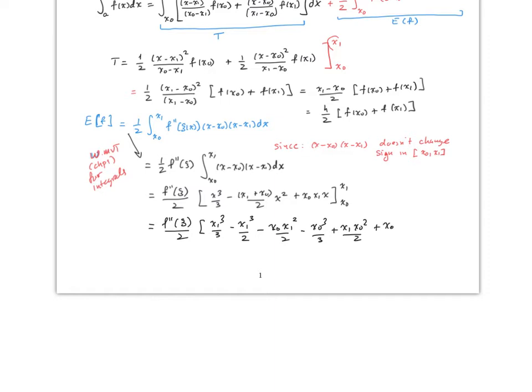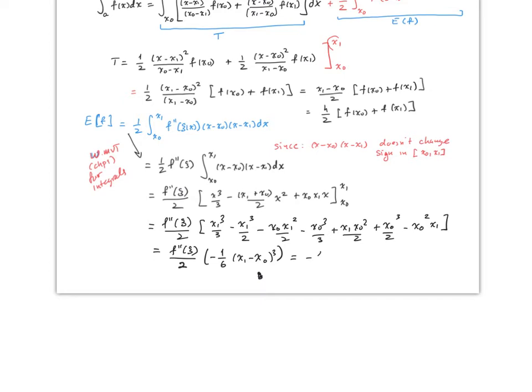So this is some very tedious algebra, but that's the only way to check that we'll get what we're going to get. So once you simplify all of this, you will end up with the second derivative at c divided by 2 times negative 1/6, which is the LCD, and then it will be (x1 minus x0) cubed. But remember that x1 minus x0 was equal to h.